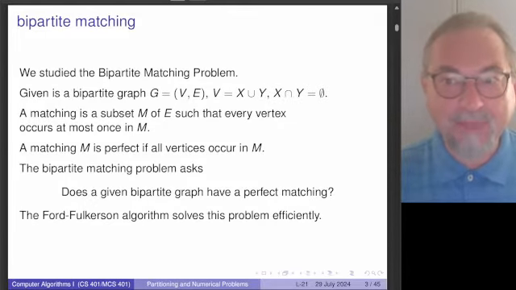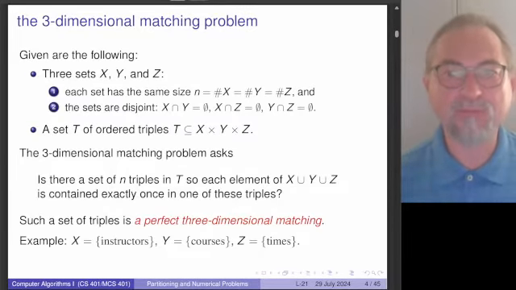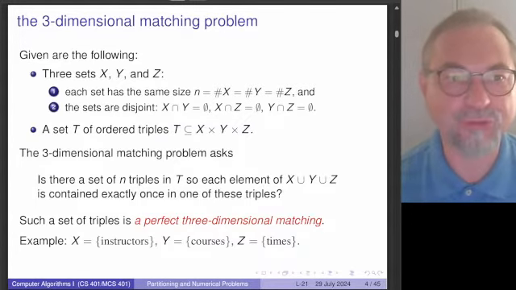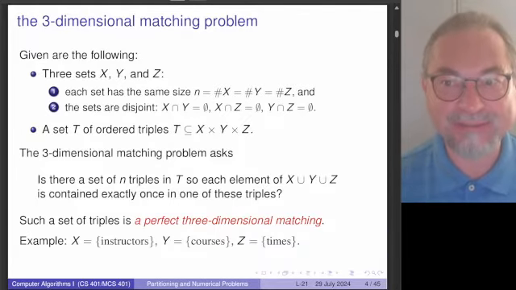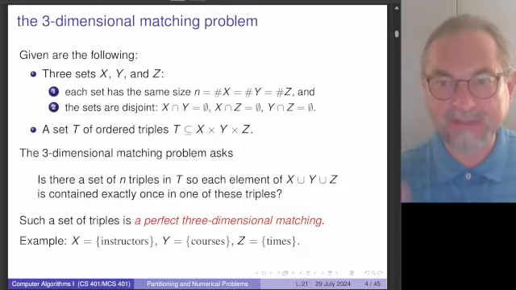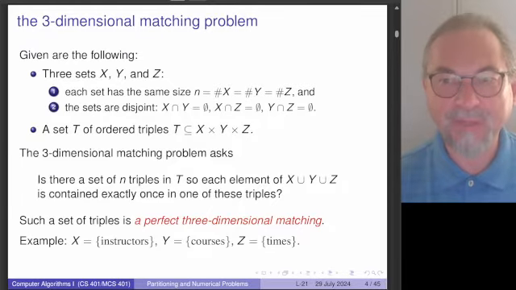So the bipartite matching can be generalized to the tripartite matching problem, or more commonly referred to as the three-dimensional matching problem. Now we have three sets, all of the same size, and we see these sets as sets of vertices in a graph.